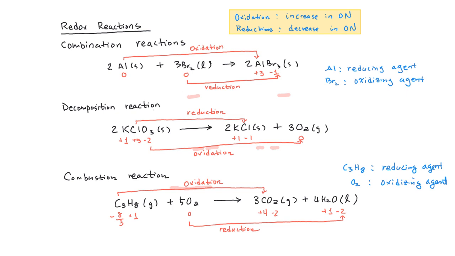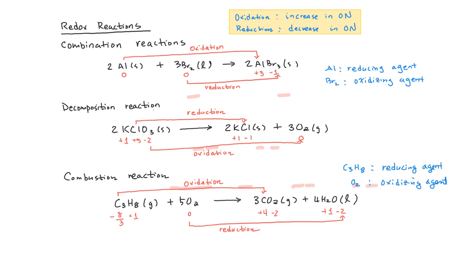Then the oxidation number of oxygen in the O2 molecule is 0 because it is an element. Then the oxidation number of carbon in CO2 is +4. Then oxygen must be -2. In H2O, the oxidation number of hydrogen is +1, and oxygen is -2.